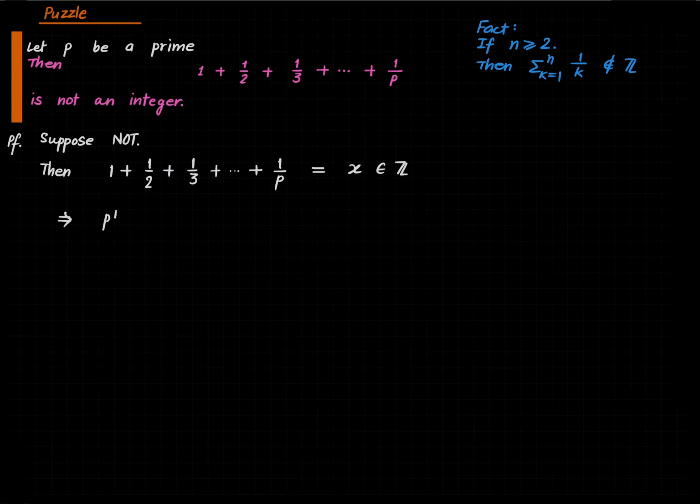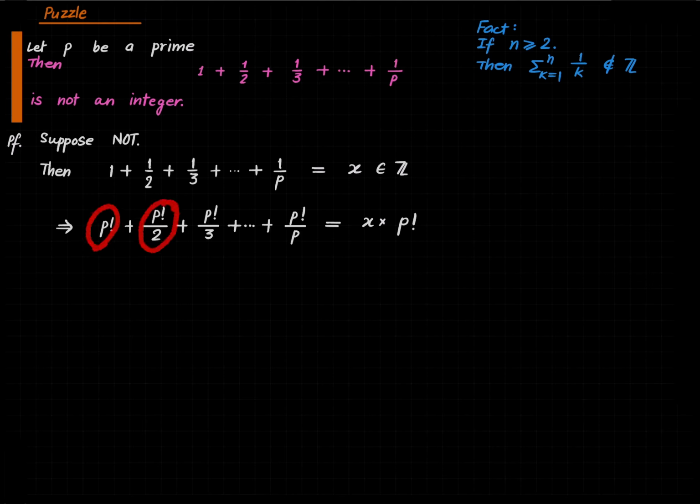So we will get this, but now note that this is divisible by p, that is divisible by p, that is divisible by p, up to the second to last term, except for the last term.